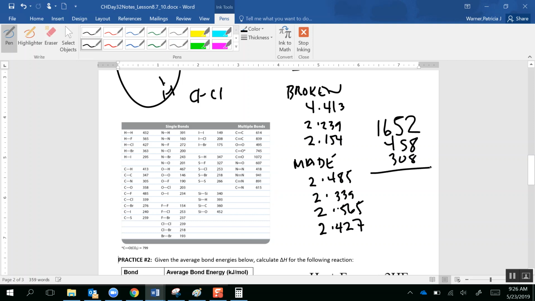So the bonds broken is 2,418. And then down here, the bonds formed.